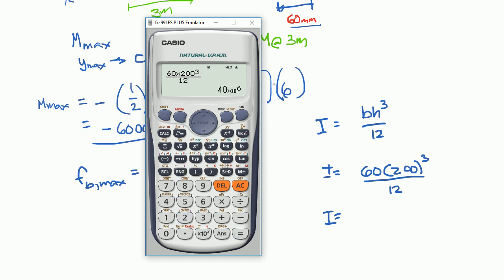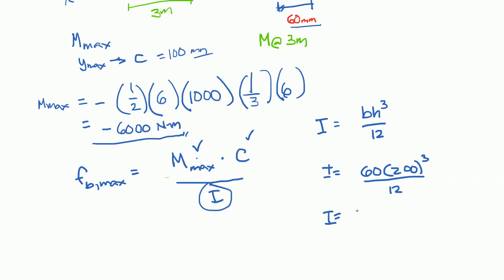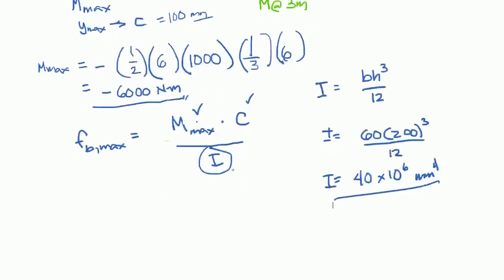So, there. Just press this for engineering notation. So, that's 40 times 10 raised to 6 millimeter raised to 4. Okay? So, we now have everything we need for the formula.